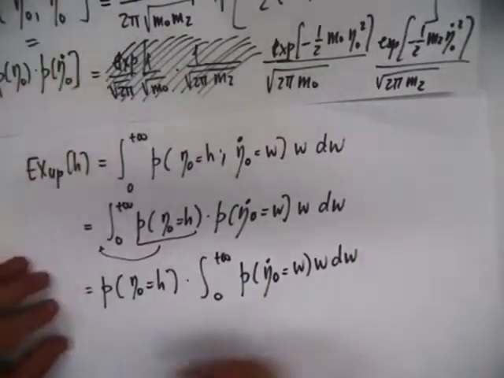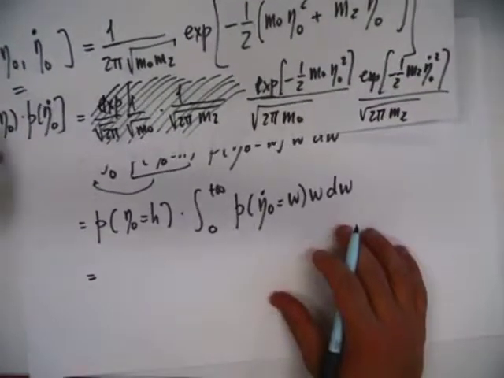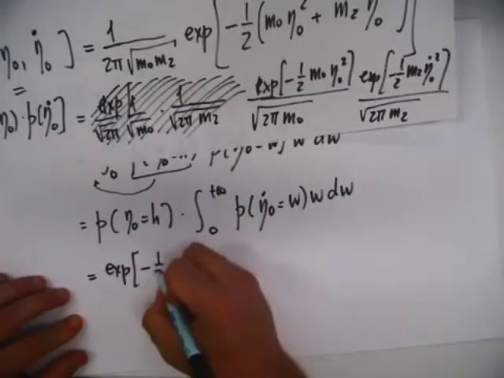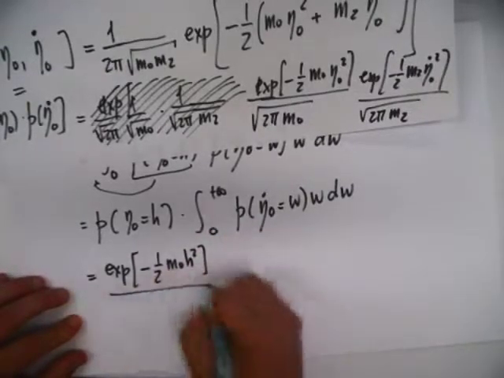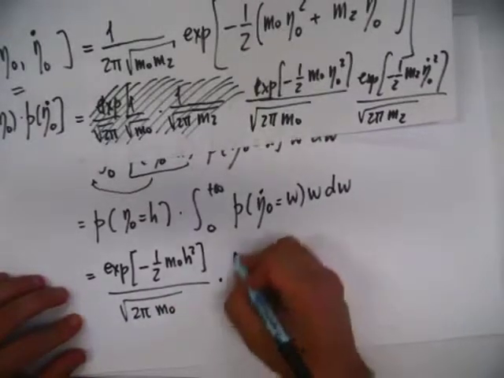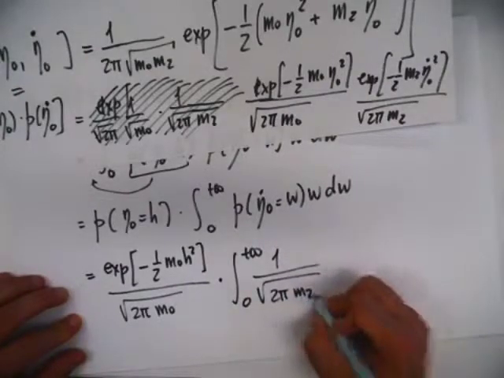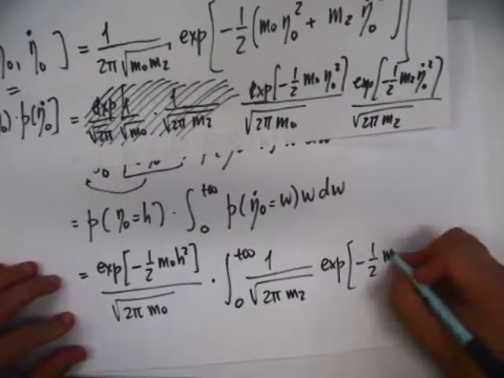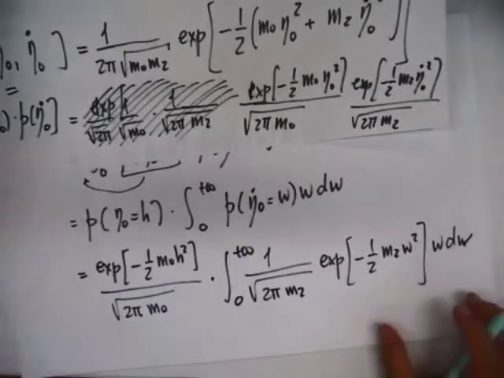And now I can use the results, because this is equal to exponential of minus 1/2 m0 h squared divided by square root of 2 pi m0, times the integral between 0 and infinity of 1 over square root of 2 pi m2, exponential of minus m2 w squared, w dw.